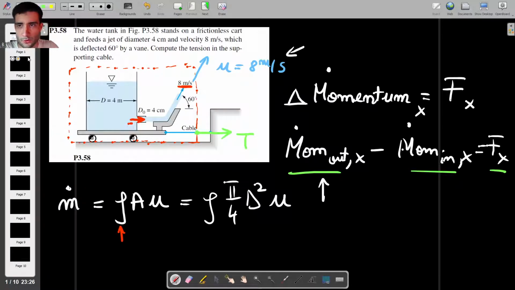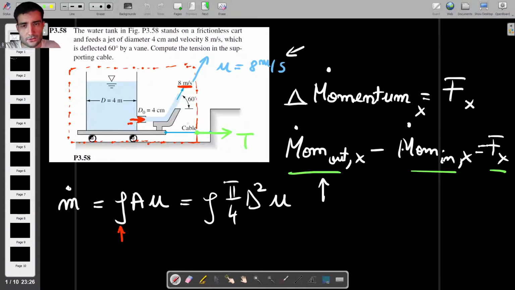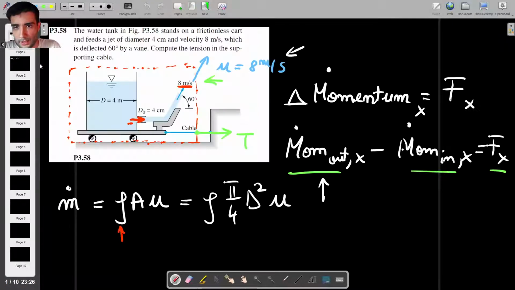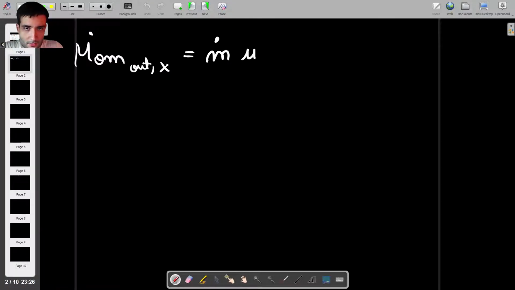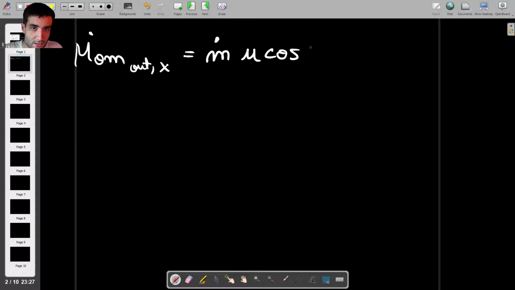So this is the mass flow rate, and let's see how we can use this to find the two momentum terms. The flow rate of momentum out in the x direction is the amount of momentum leaving the control volume, where the jet leaves. The momentum flow rate is going to be equal to the mass flow rate multiplied by the velocity, and then we have to take the horizontal component of those 8 meters per second. To do this, we take the cosine of 60 degrees.